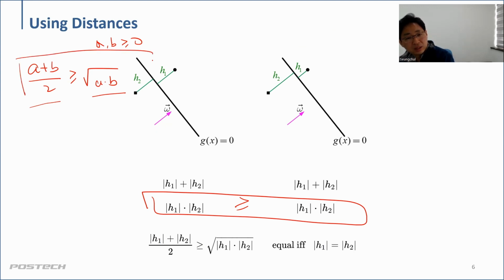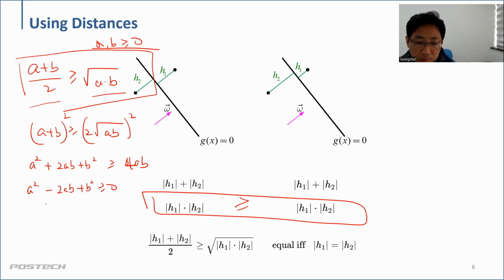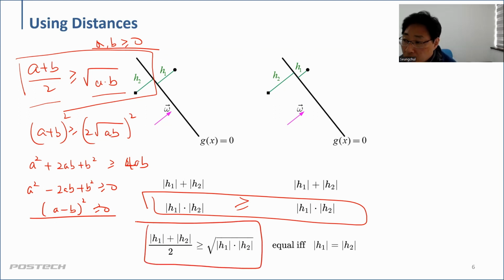If we take the square, because it's all positive, so this is true. This is a true inequality.